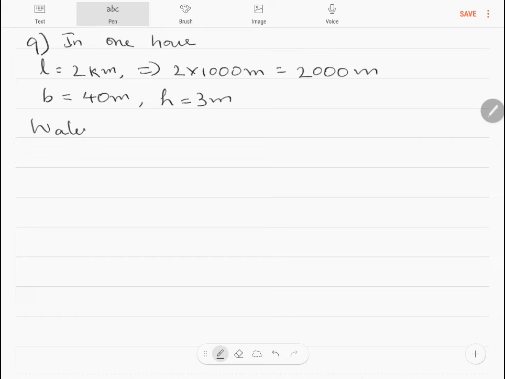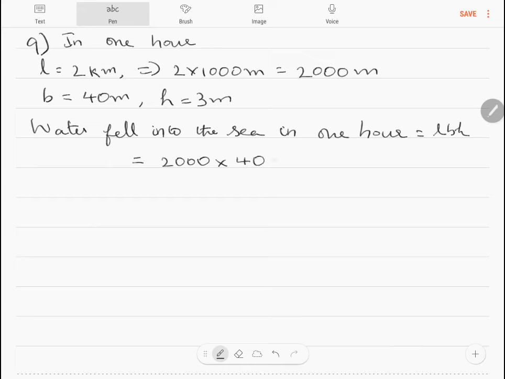So water that fell into the sea in 1 hour should be calculated as LBH, which is nothing but 2000 into 40 into 3. This is in meter cube. Now therefore, the water that fell into the sea, we have to calculate in a minute.